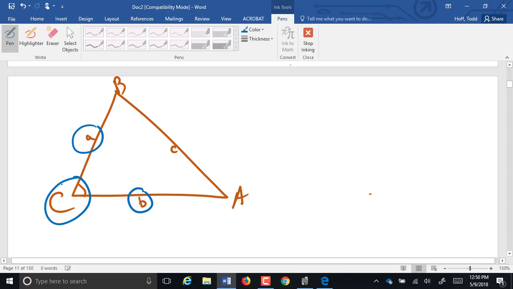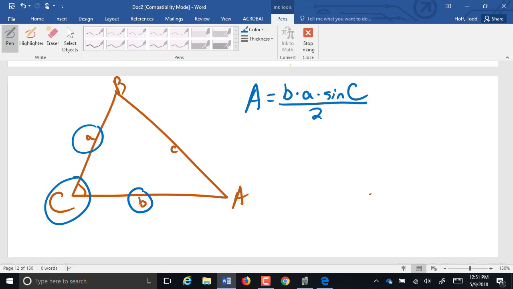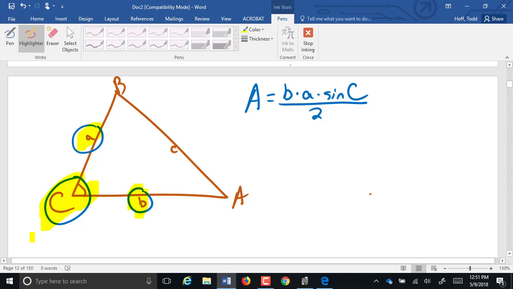Two sides and the angle between it. The area of that triangle is going to be the base, which is B, times the altitude, which was A times the sine of C, divided by 2. Now we can rearrange that as A times B times the sine of C over 2. But it's going to work the same either way. So anytime we have a triangle where we know two sides and the angle in between them, we can find its area.